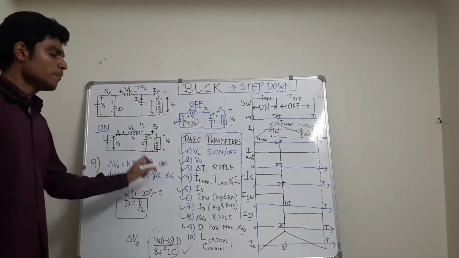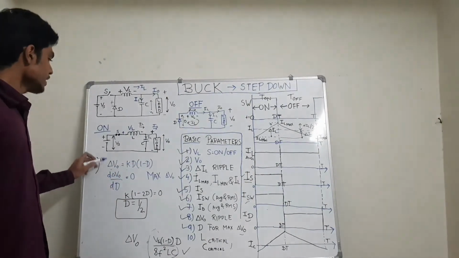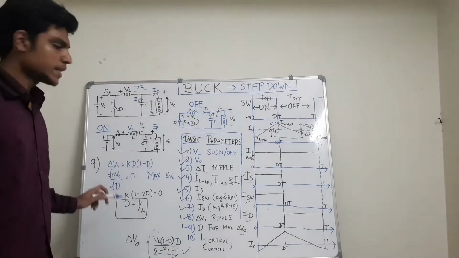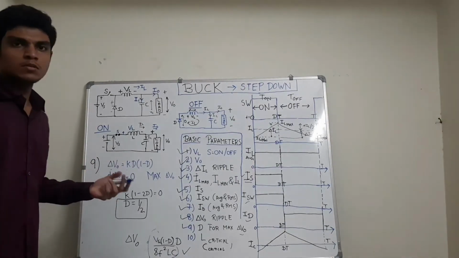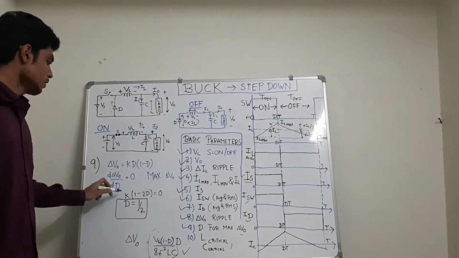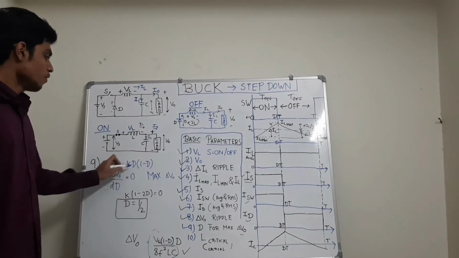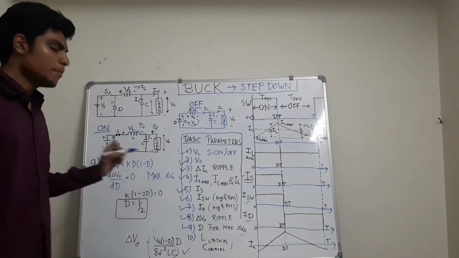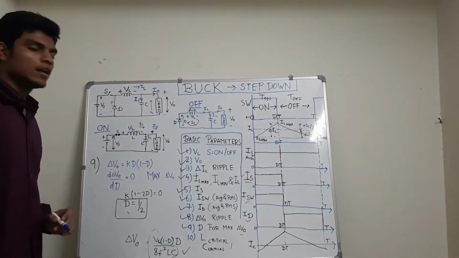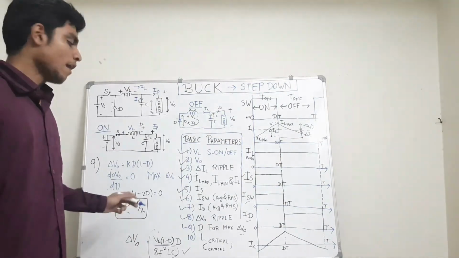So for maximum del V naught, we differentiate this equation with respect to duty cycle and it should be equal to 0 for the maximum condition. Therefore k into 1 minus 2d will be equal to 0. So the duty cycle which we get is half.